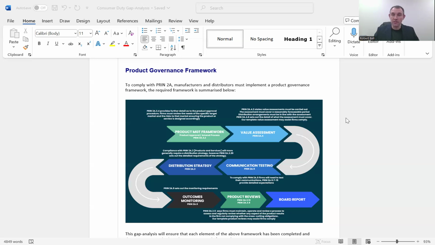Once you've understood the characteristics of your customers and why your product is meant to be beneficial for them, you can then design your distribution strategy or design your product in a way to avoid any potential harms or foreseeable harms that you may see or come across or identify for those individuals. Equally, at the same time, you're designing the product then to help them achieve their financial objectives, whether that's something on an advised basis or perhaps just to use and enjoy the product.